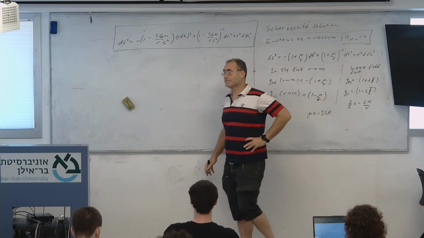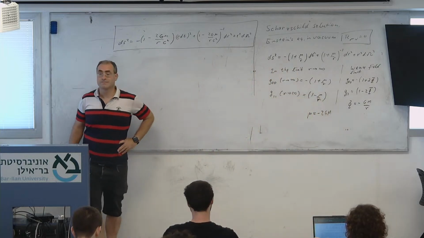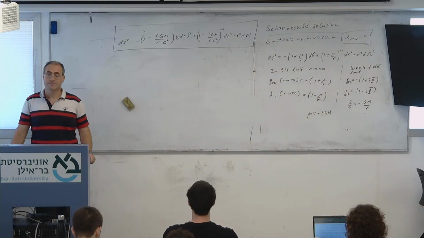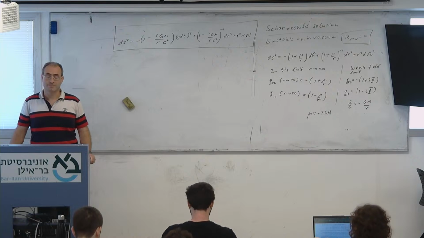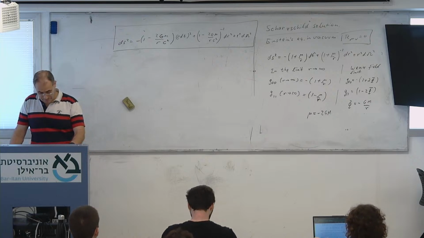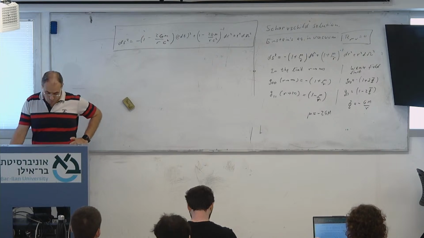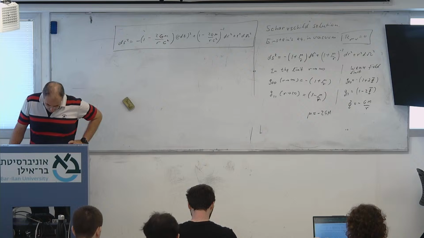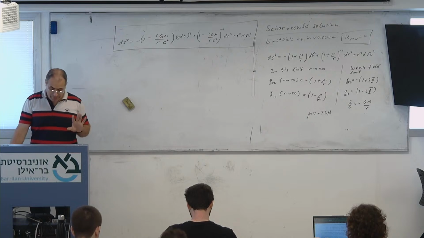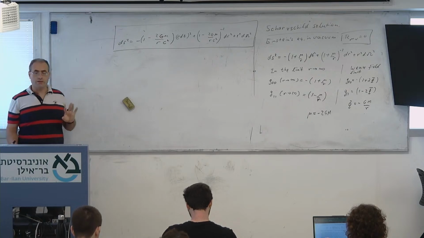This metric implicitly says that there's some mass m at the origin, right? Wait. Because phi is derived from, okay, hold on.